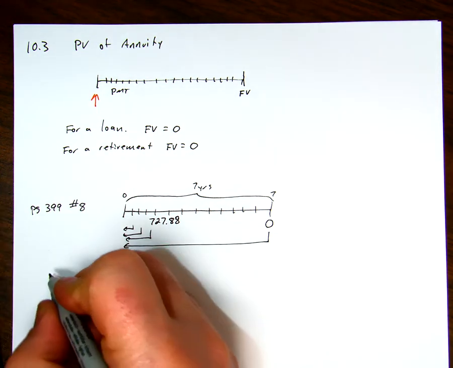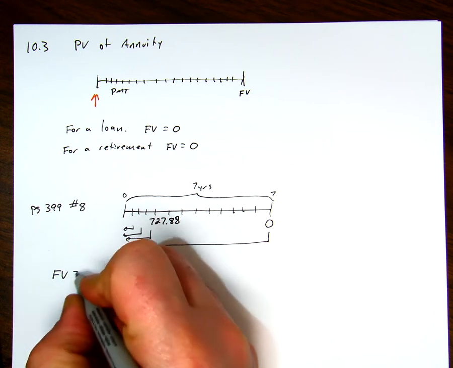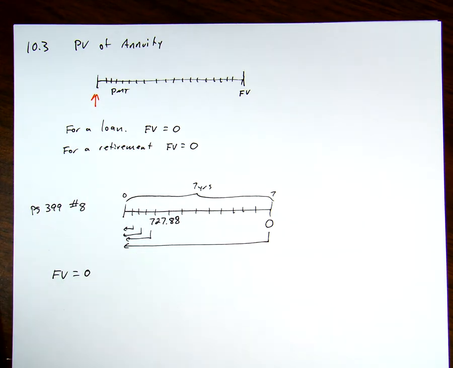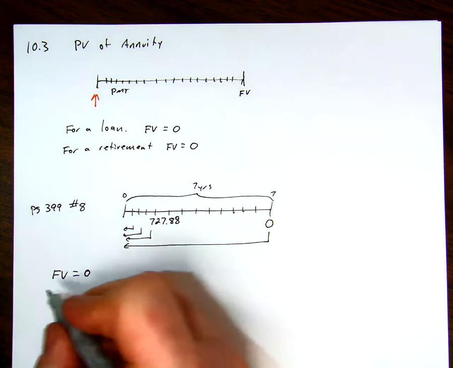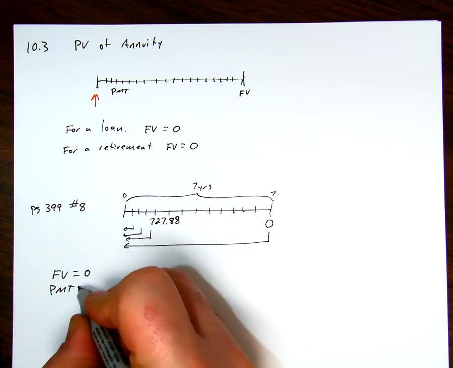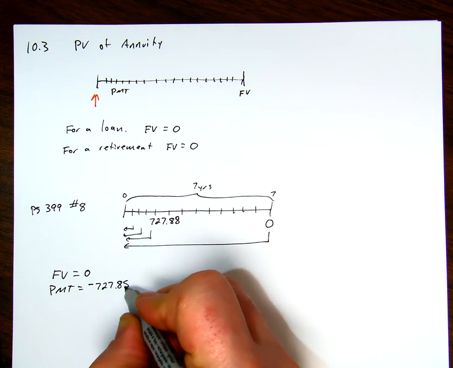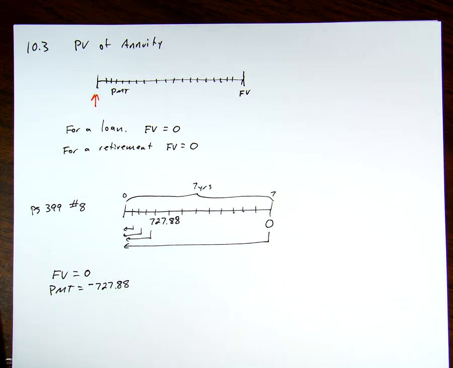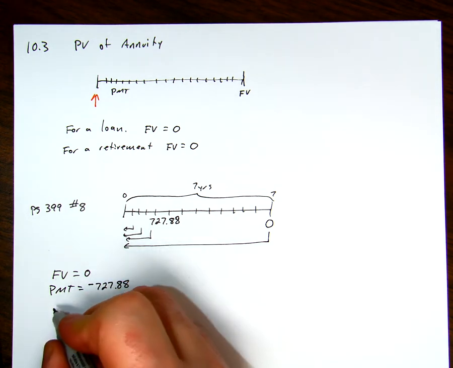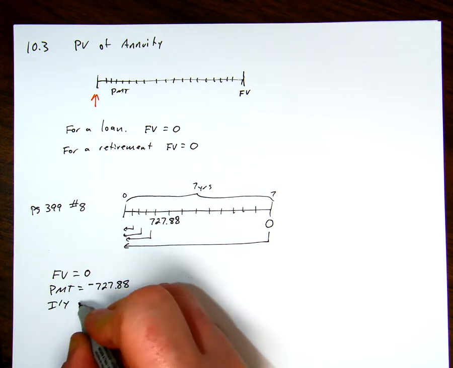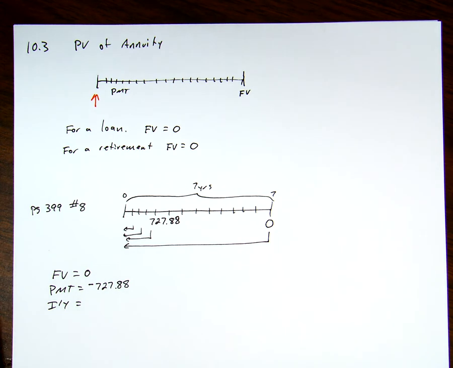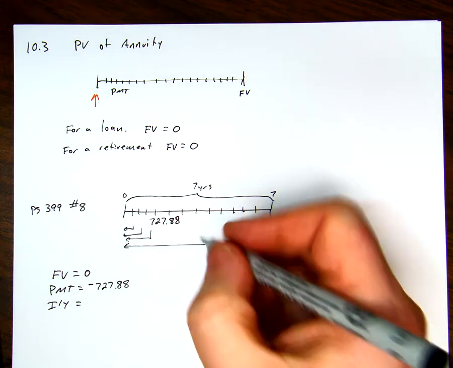Looking at the value here, we say our future value was 0. There's nothing owed at the end of the loan. Our payment is negative $727.88. We paid $727.88 every period. I per Y, well, our interest rate is 9% quarterly.